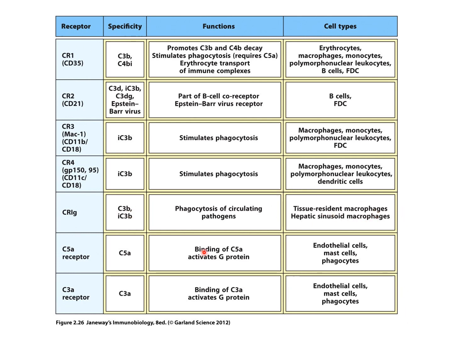Aids in uptake. C5a binds its receptor, activates a G protein. Turns up the responsiveness of endothelial cells, mast cells, different phagocytes like the dendritic cells. Causes them to now go hunt, search for.